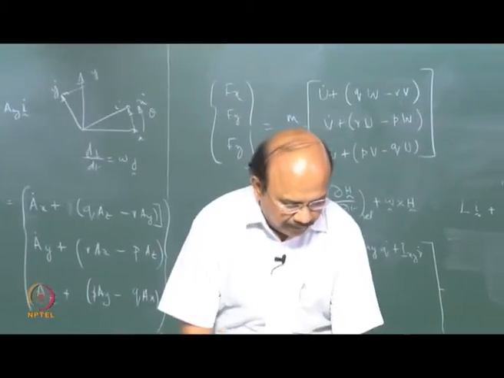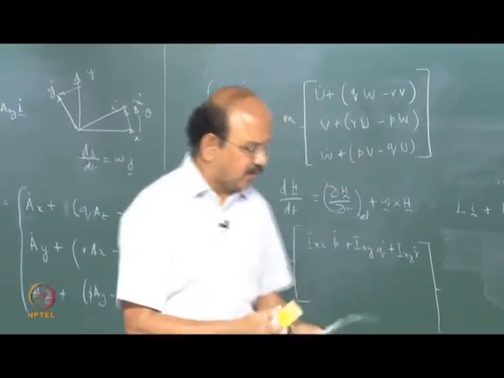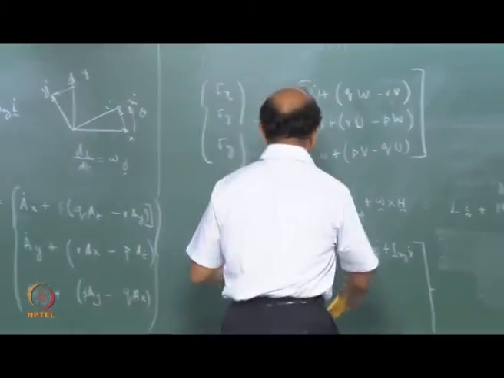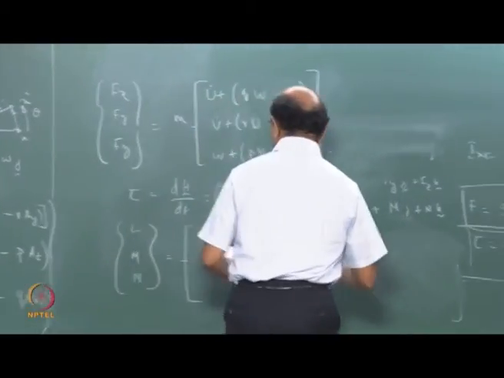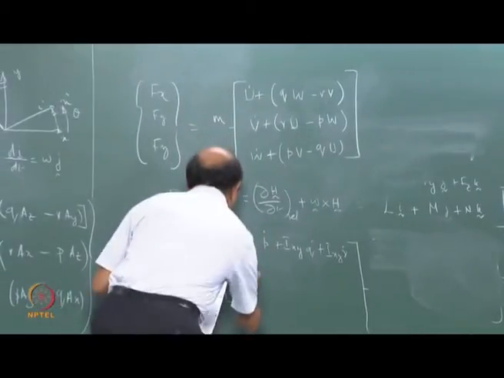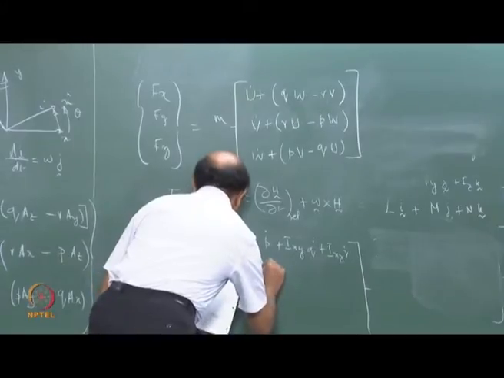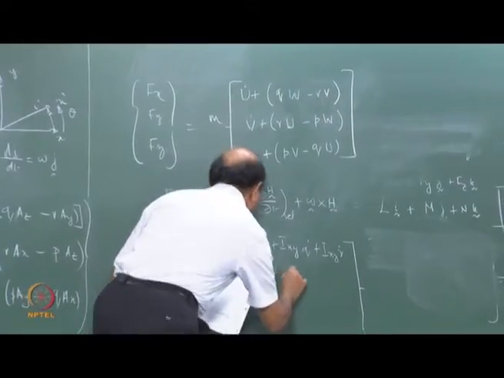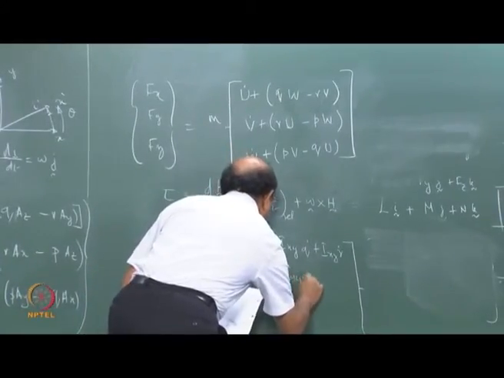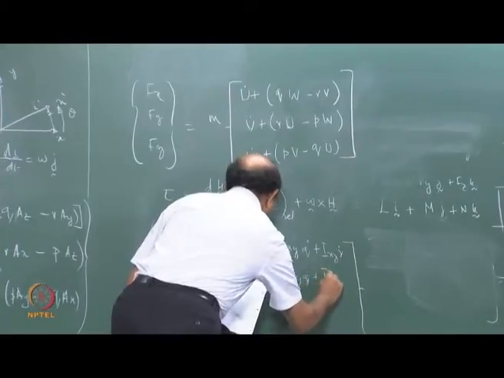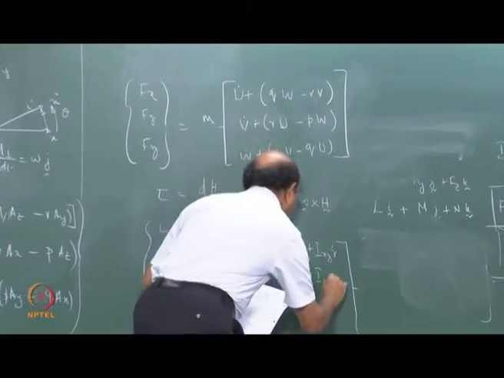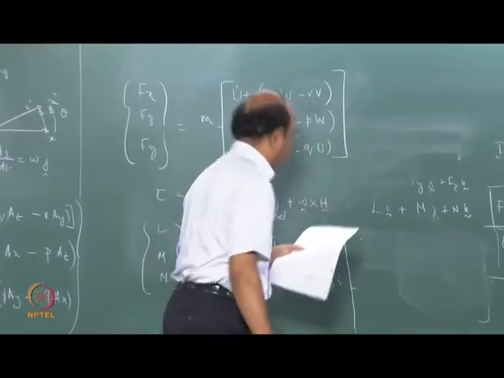Okay, I'll write down the final things. It's not very difficult. So I'll quickly write down that. I hope I don't make any mistakes in this. If there's anything, just point out. Iyy Q dot plus Iyz R dot.